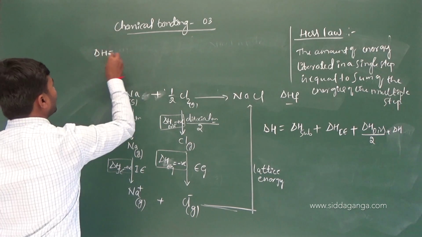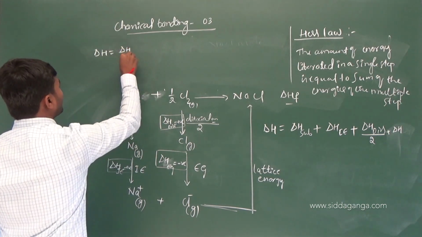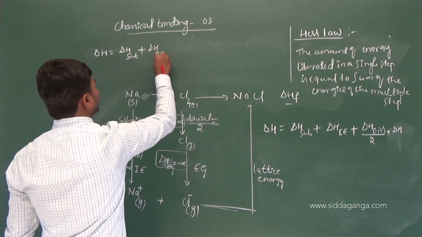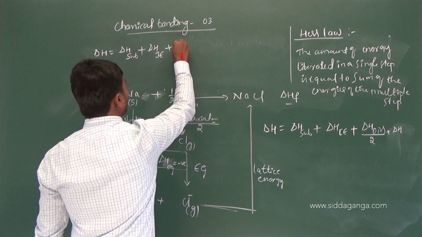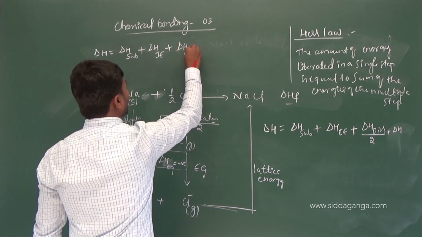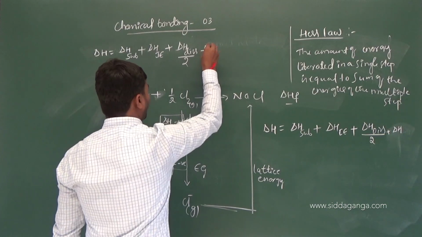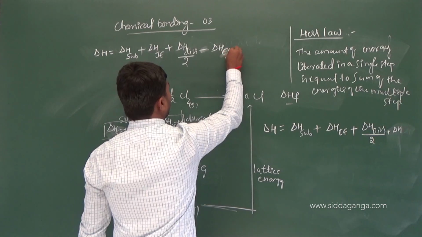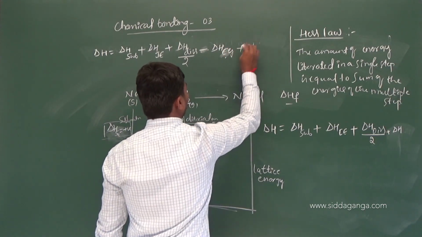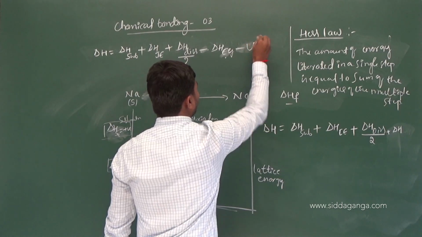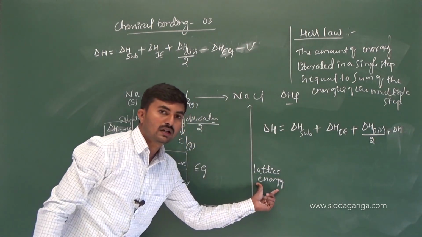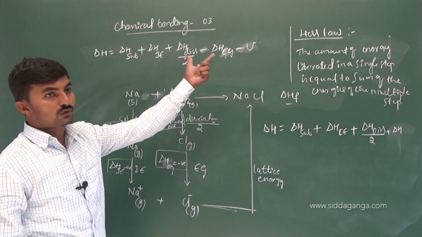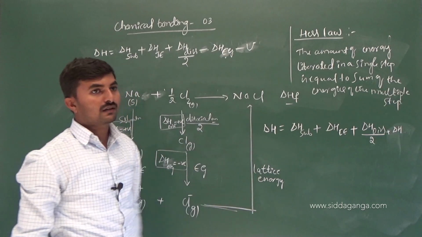Delta H is equal to, first delta H sublimation, followed by delta H ionization energy, followed by delta H dissociation energy divided by 2, followed by delta H electron gain enthalpy, plus U, or it is minus U, because lattice energy is the amount of energy released, so it is exothermic in nature, and that is why it carries a negative sign.